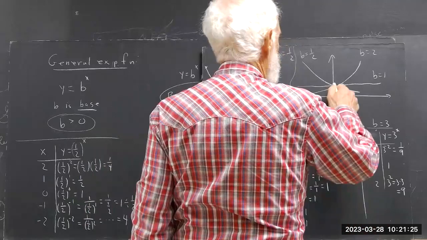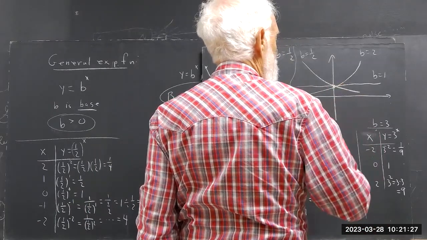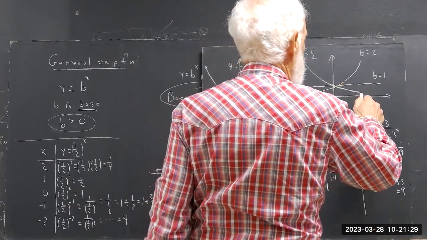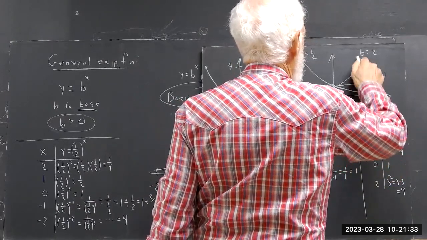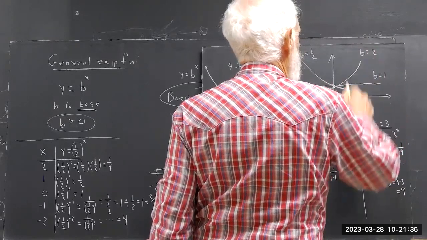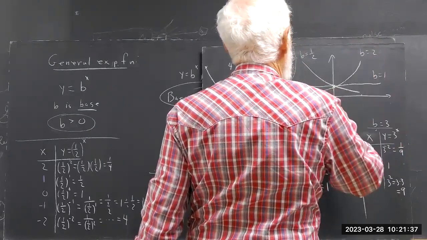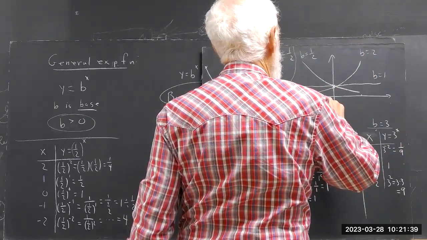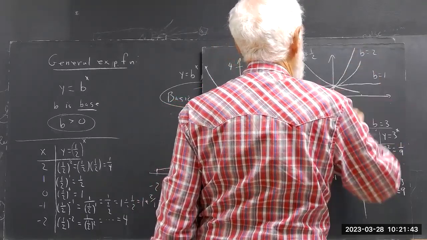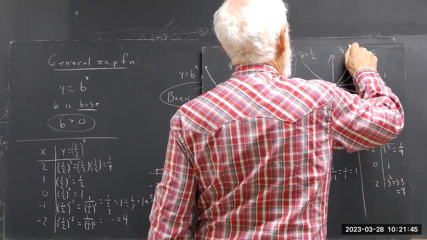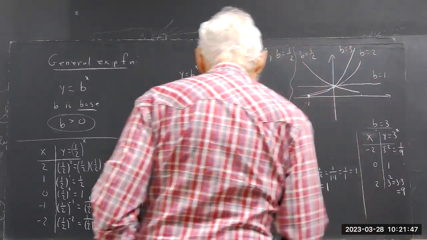When x equals 1, of course, you have 1. And if x equals 2, so that would be here, you're going to have 9. So that's going to be way up high. And if you draw the graph carefully, you're going to see that the b equals 3 graph is right here.